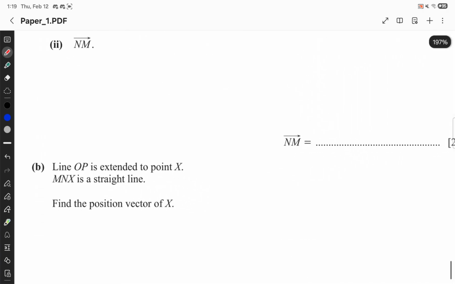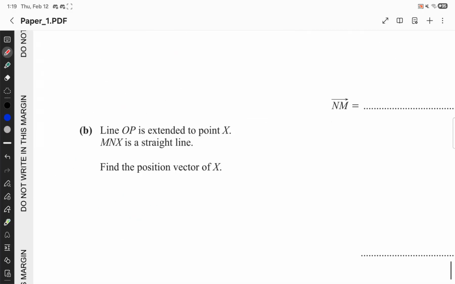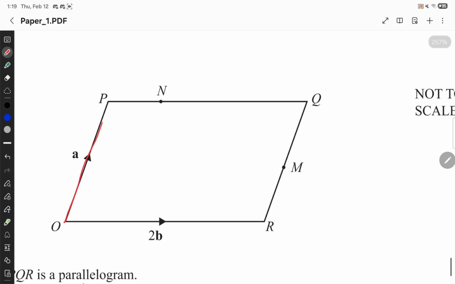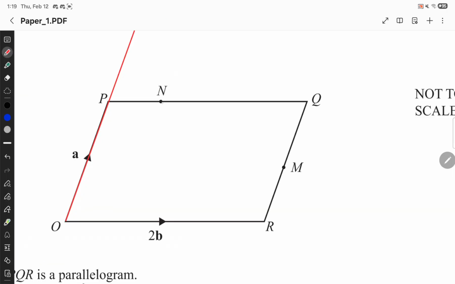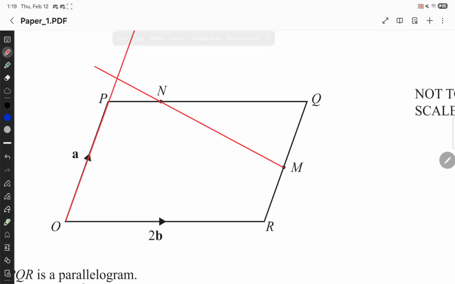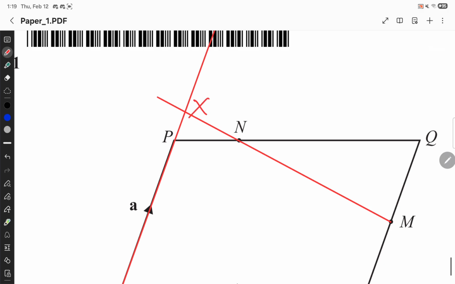Find the position vector of X. OP is extended to point X. Oh god. So OP is extended to X and MN, X is a line. Nice. Boom. We then have this.